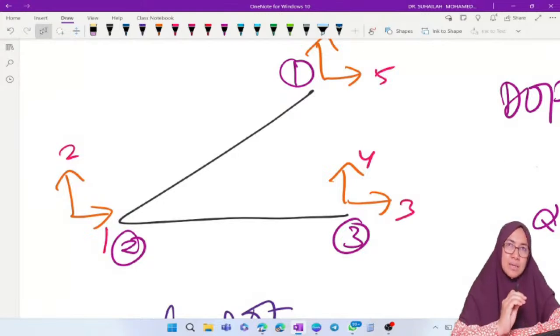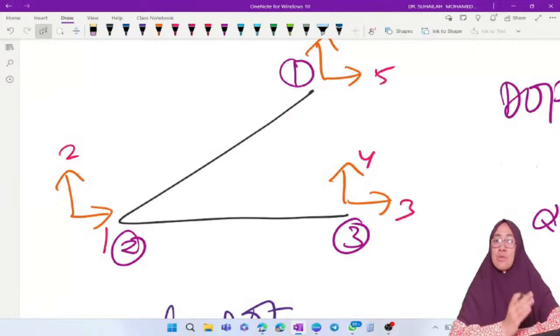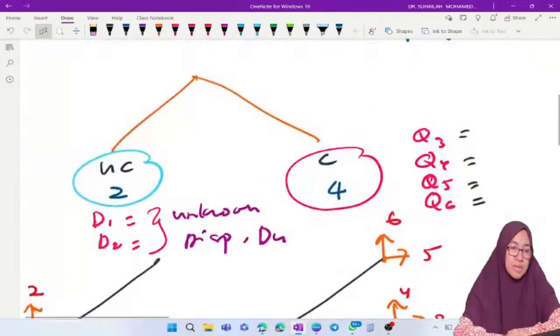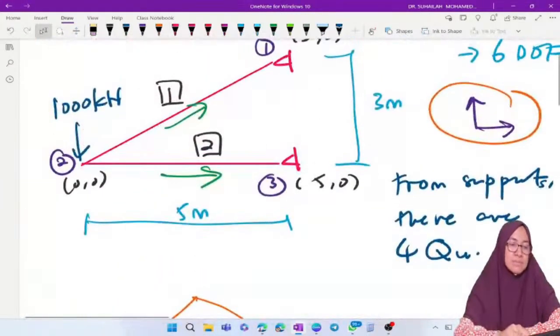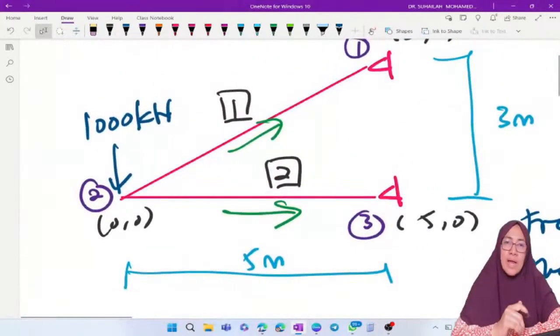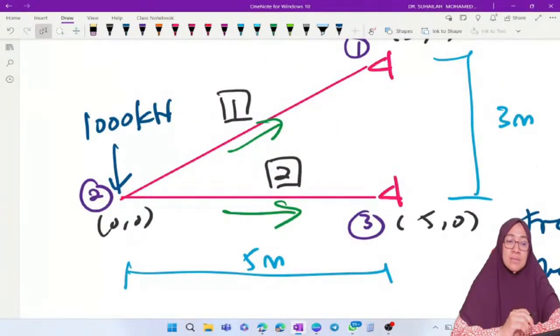Yes, there is a vertical force of 1000 kilonewton at node number 2.